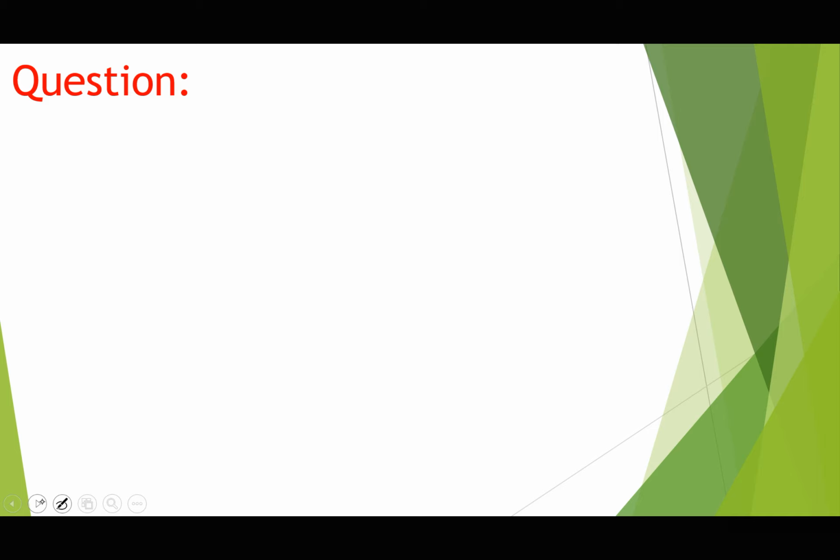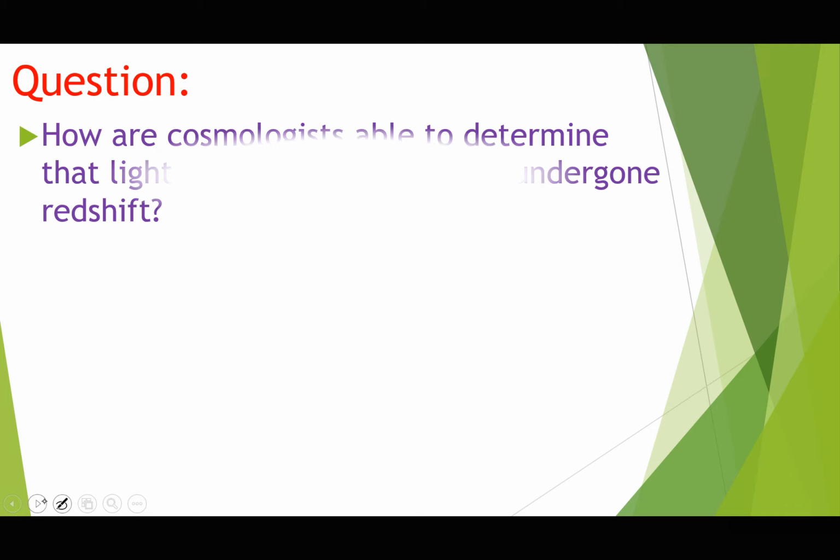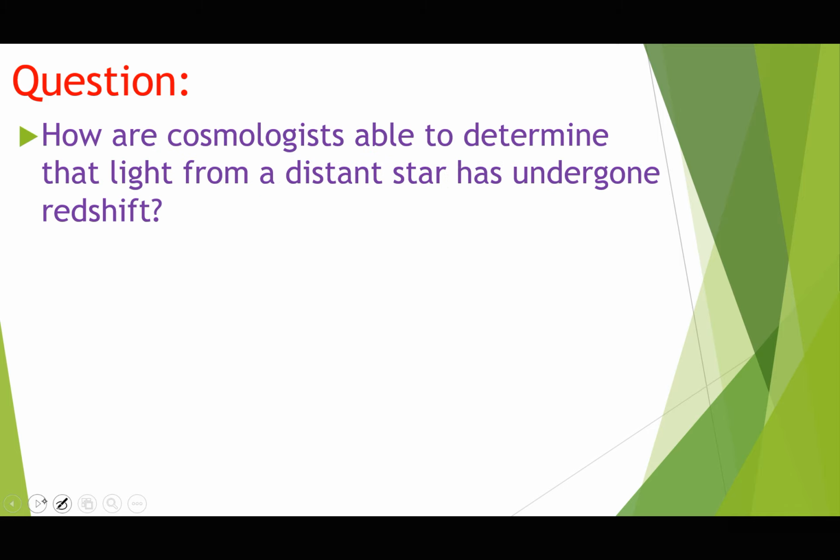Question, and this is a very important question. How are cosmologists able to determine that light from a distant star has undergone redshift? So I said astronomers and cosmologists look at light and analyze the spectral lines. The spectral lines correspond to certain wavelengths which have been either absorbed or re-emitted.